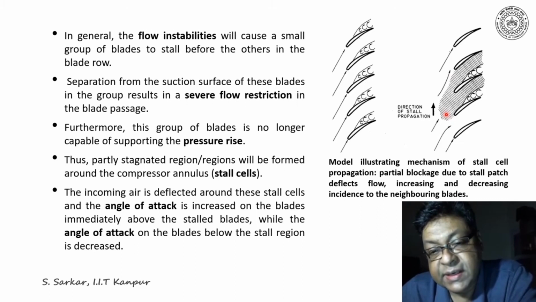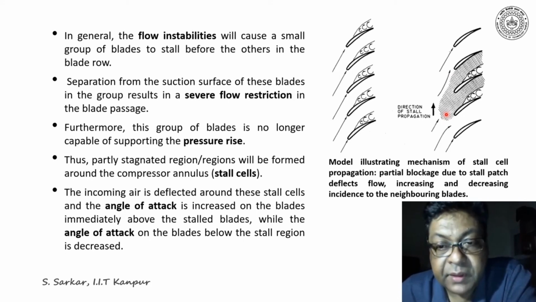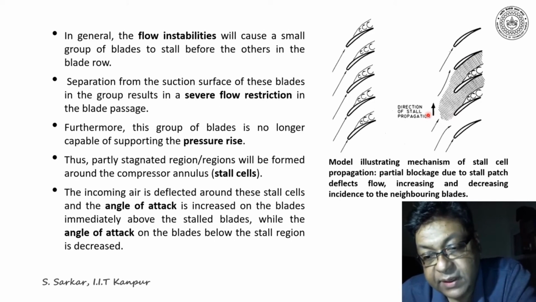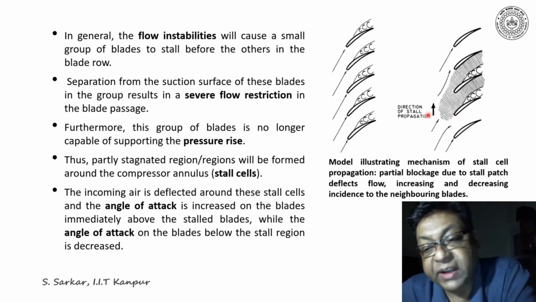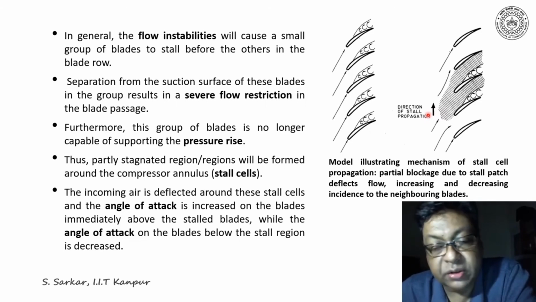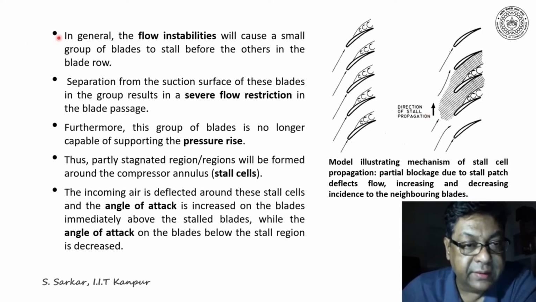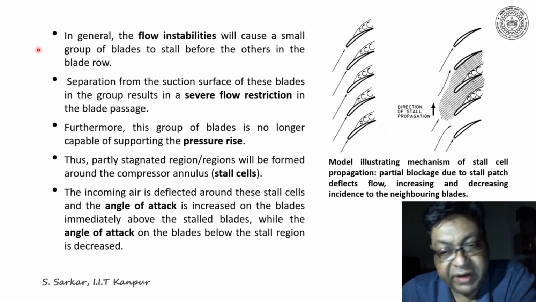Now this patch is called the stall cell. And because of this partial blockage of flow, the incidence to the neighboring blades would change, causing the stall cells to propagate. This I have explained here in brief, as I have written.